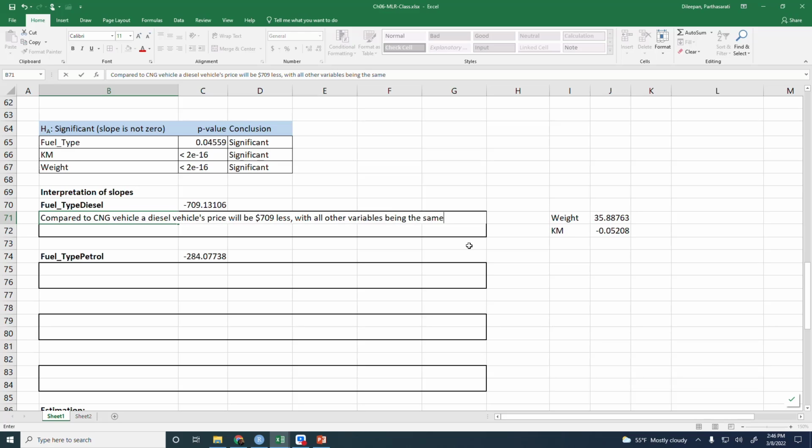So you have other variables, so we have to hold all the other variables the same. Same weight, same kilometers. Now the only thing that's changing is compared to CNG, what is diesel?